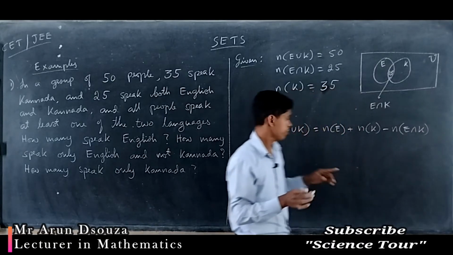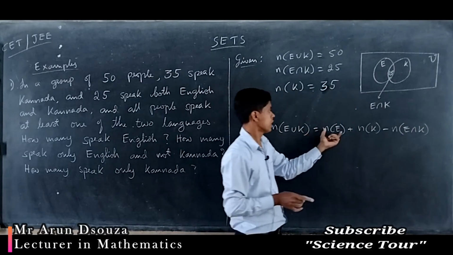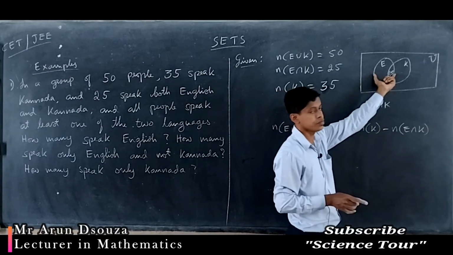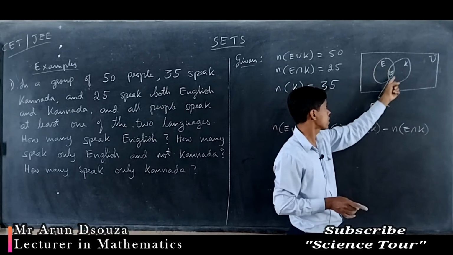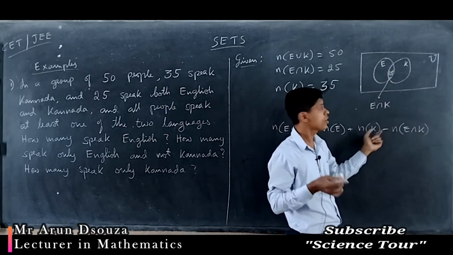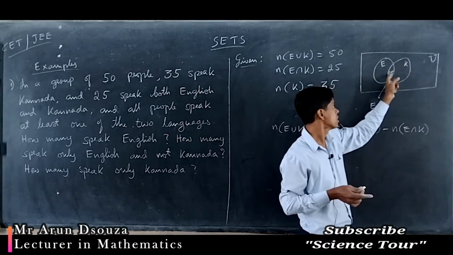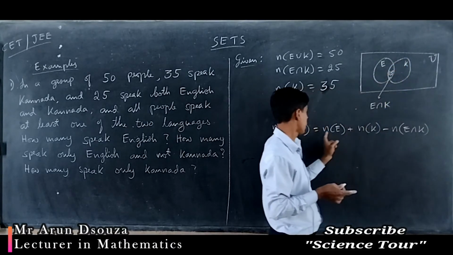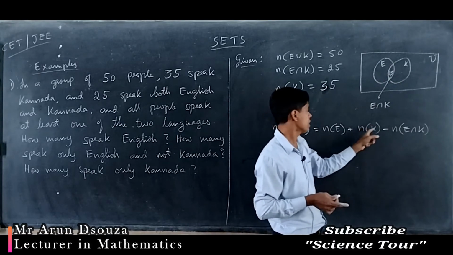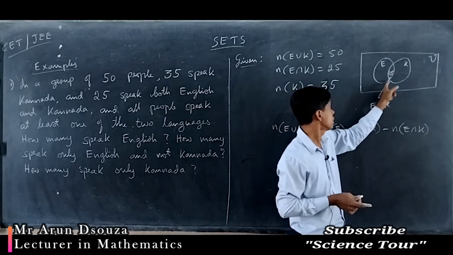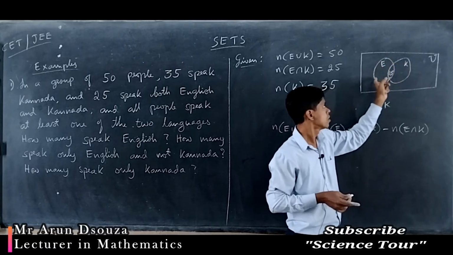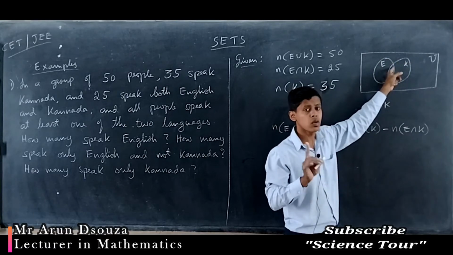Understand carefully. Union N of E is this much, correct? The full circle, that is N of E, plus N of K, that is this circle. Now what has happened is, this region you have added twice. You have included it here, you have included it here also, but union has this region only once.